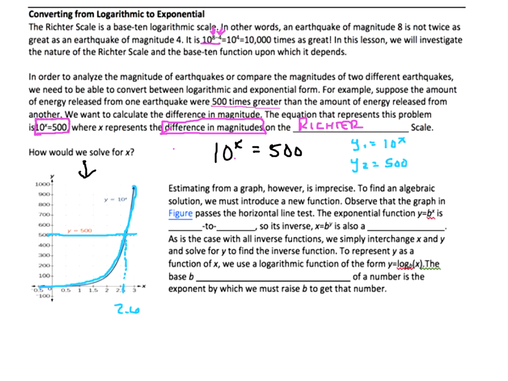To find an algebraic solution, we have to introduce this new function, this inverse of the exponential. So observe that this graph off to the left, this exponential function, passes the horizontal line test. In other words, I can put a horizontal line anywhere on that exponential function and it will only pass through one point.